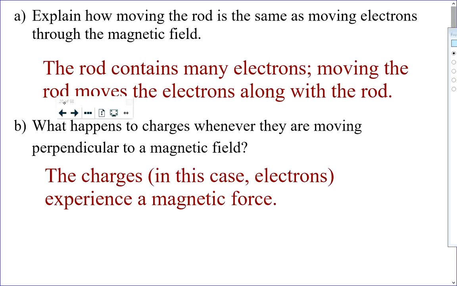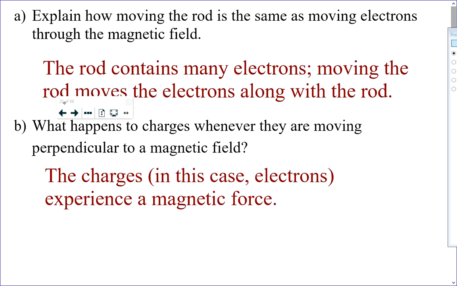When you look at this demonstration, I'm just going to unconnect the battery. We know that there's really a battery connected to this. When you look at the demonstration we started off with, the electrons in the wire experienced a force because they were moving in a magnetic field. But they were moving in a magnetic field because I had a battery pushing them through the magnetic field.